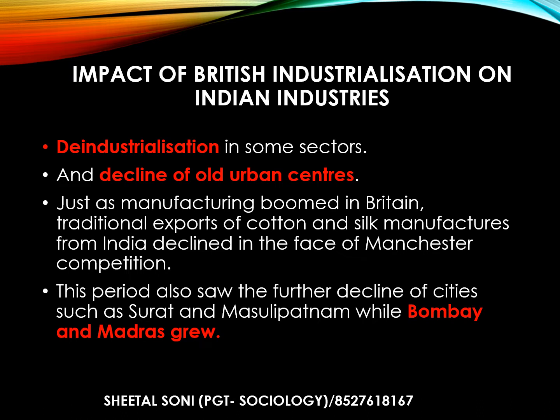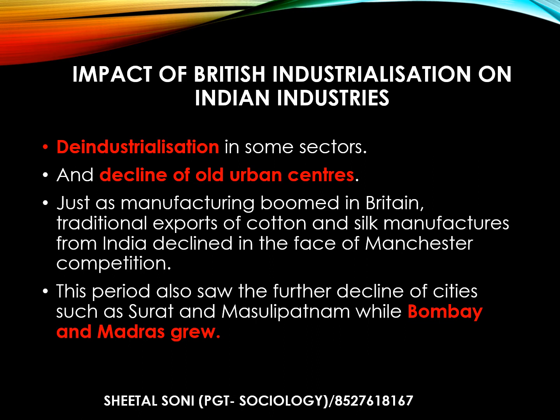Because of the British industrialization, we saw first of all deindustrialization in some sectors and secondly the decline of old urban centers. There is a very good example given in the book: when we saw this phase of deindustrialization, we saw a decline in the export of cotton and silk. Why? Because the silk which was coming from outside was much cheaper and glossier.